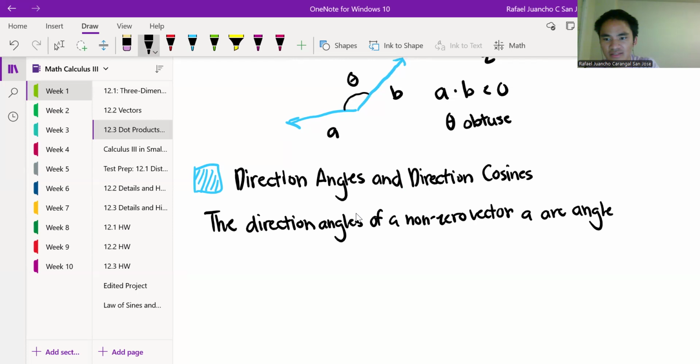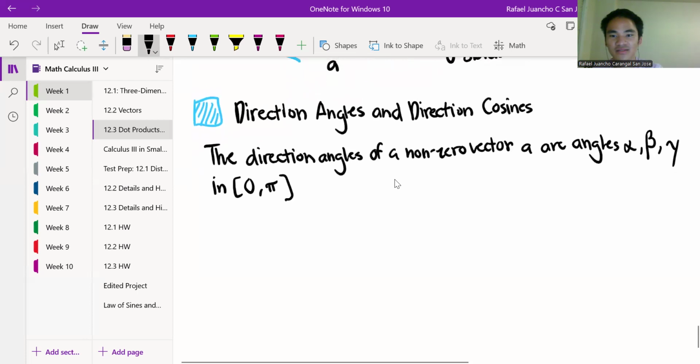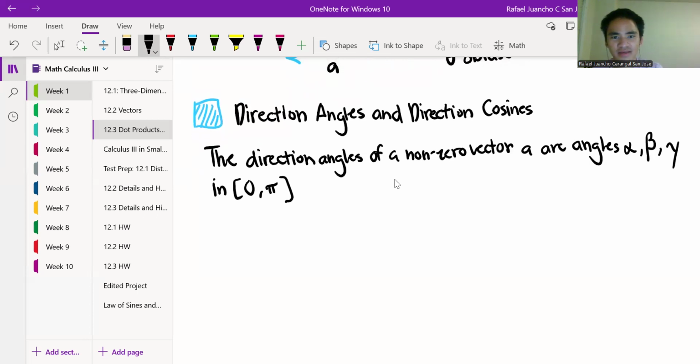Well, they are angles alpha, beta, and epsilon. I don't know if I wrote that right, but you guys get the point. It looks like a Y. In this interval between 0 to pi. Right, because 0 is an extreme case, pi is also an extreme case. So those are our intervals.